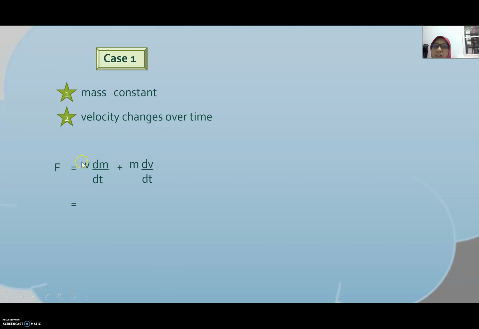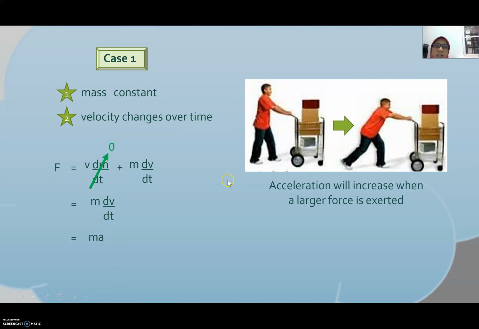From the equation here, mass constant means dm by dt equals 0. So the equation becomes F equals m dv by dt. dv by dt equals a, acceleration. So for example here, acceleration will increase when a larger force is exerted.